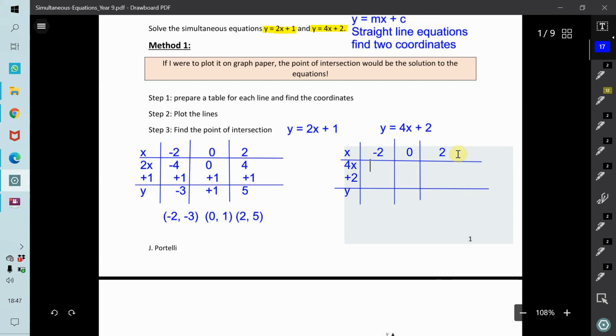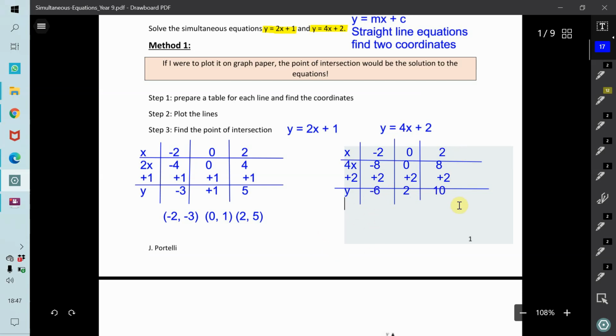So for x, it means 4 times minus 2, which is minus 8. 4 times 0, which is 0. 4 times 2, which is 8. Plus 2 means plus 2, plus 2, and plus 2. Minus 8 plus 2 is minus 6. 2, and 8 plus 2 is 10.